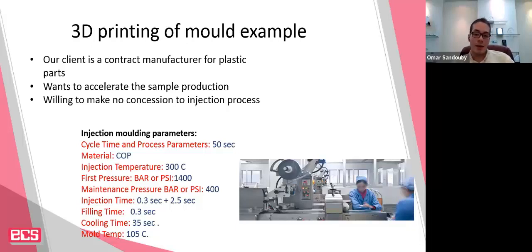And what you see here, I'm unable, of course, to share some of the pictures of the parts because there's some NDA signed, but the injection parameters are pretty much the same as the ones that we apply for, let's say, aluminum molding. So in that case, we were able to produce about 50 parts in COP. So again, we managed to get the same kind of savings as what you saw.